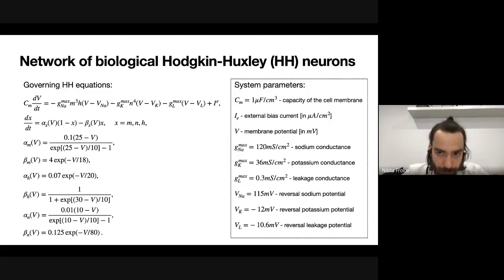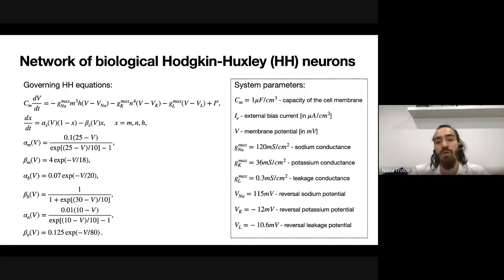Typically, the dynamics of the biological Hodgkin-Huxley neuron is controlled by the parameter IE, which is the external bias current, which controls the excitability of the neuron.